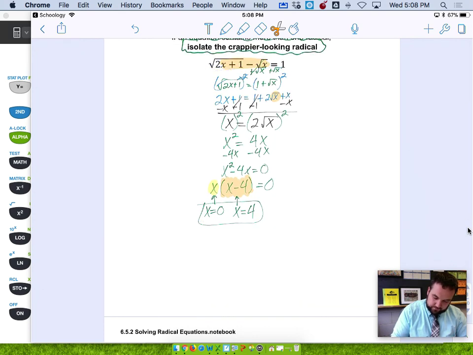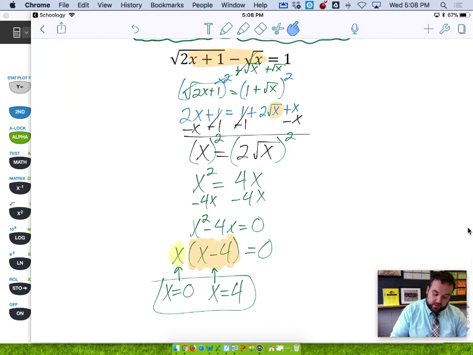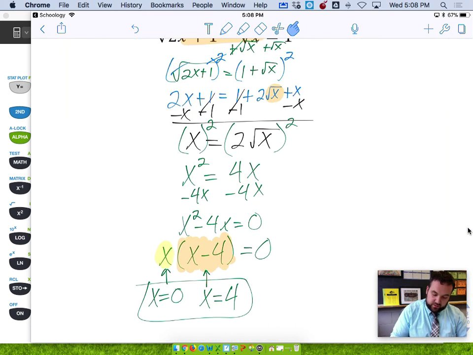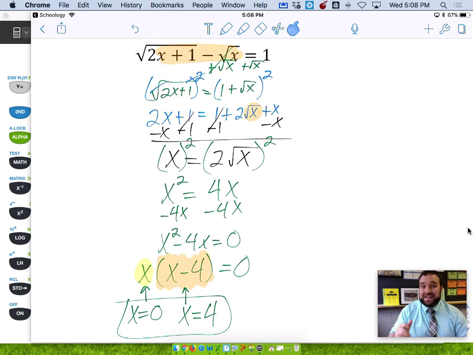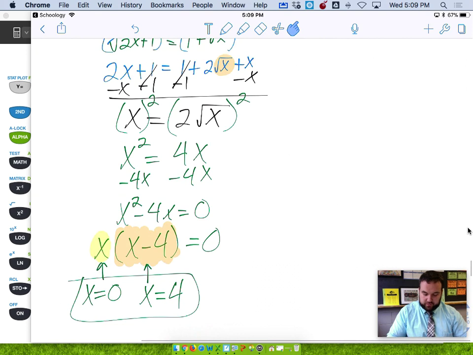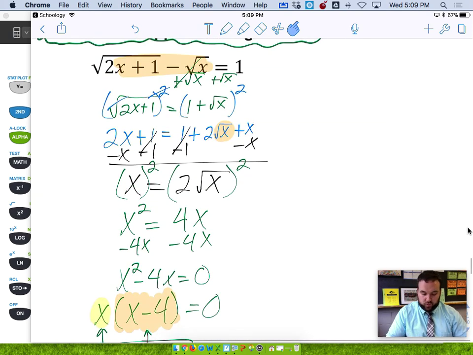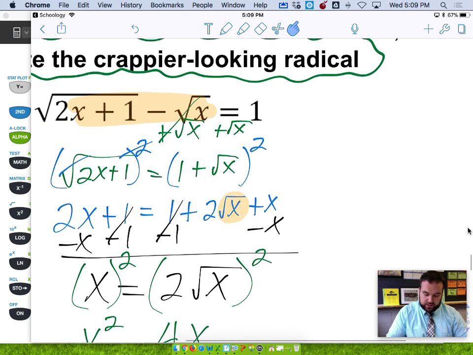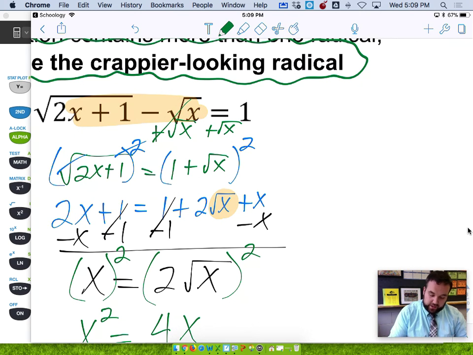But we're not done. And the reason we're not done is because we had the same variable on both sides. I need to go back and check the work. Now, the check is pretty quick. It's not going to take me too long. I need to check 0 and positive 4 to see, when I plug it into the original equation, do I get 1?